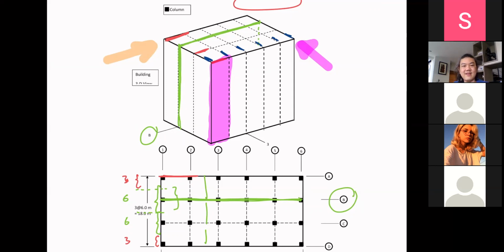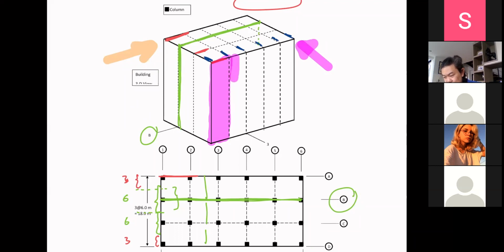Let's say we can. So that means this purple region area will have to be taken care of by frame number 2 alone. Correct? Yes. And frame number 2 will also have to take care of the area between frame number 2 and number 3.